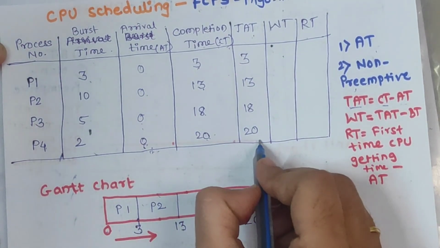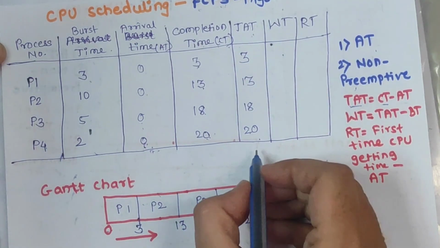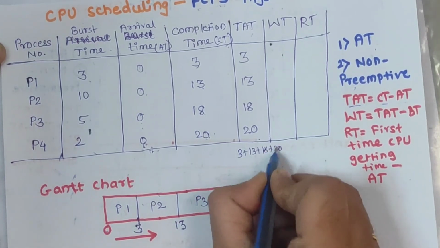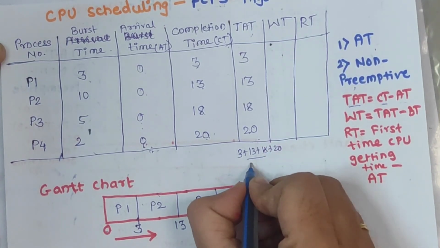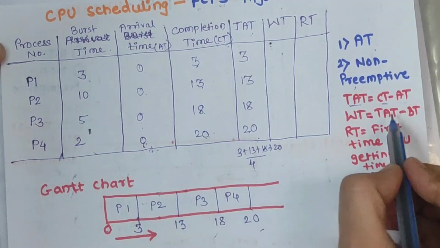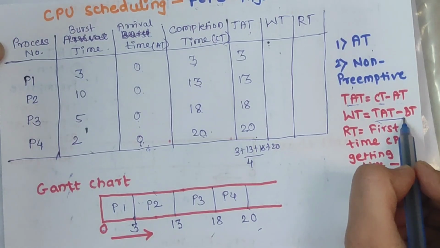So this is the turnaround time. Average TAT will be calculated by adding these 4 and dividing by 4, that is 3 plus 13 plus 18 plus 20 divided by 4.